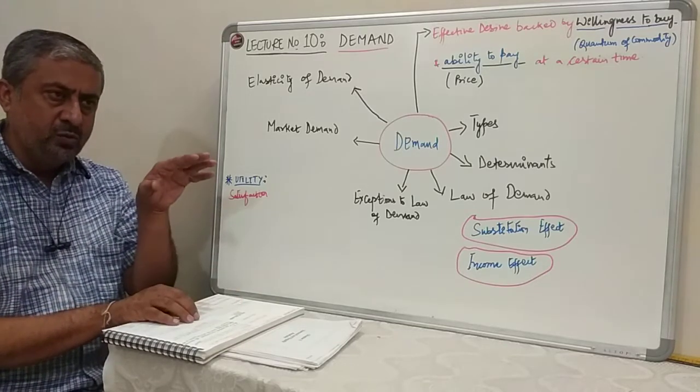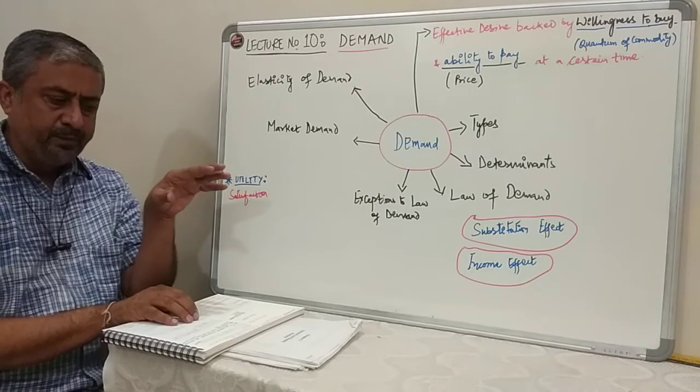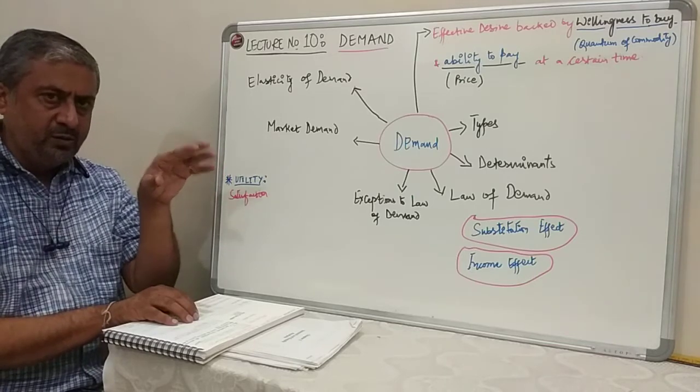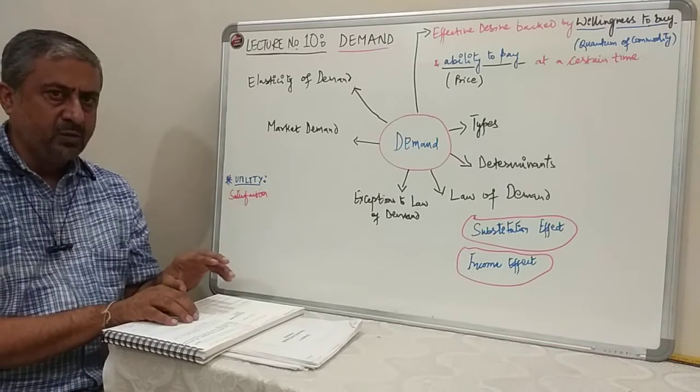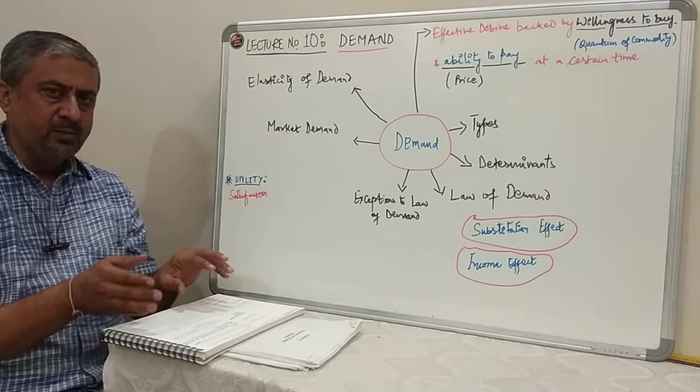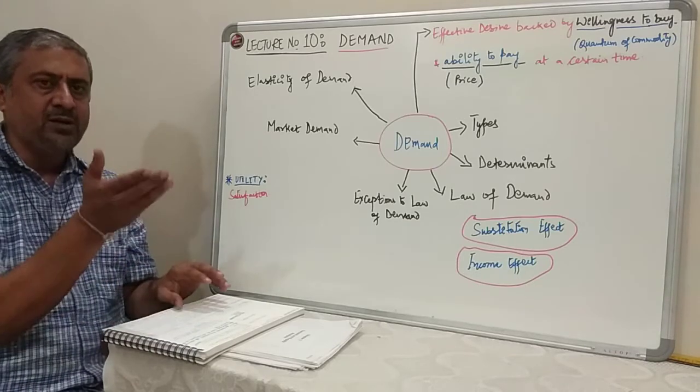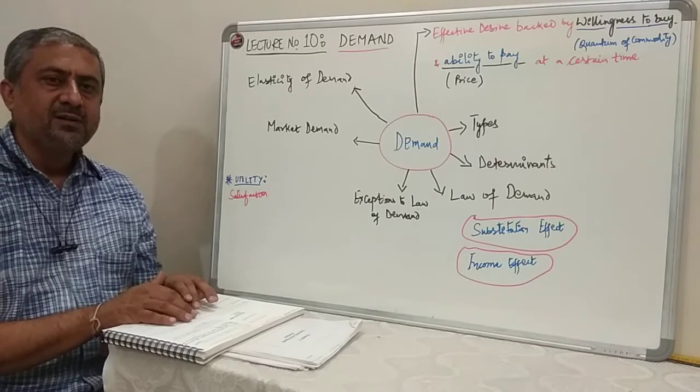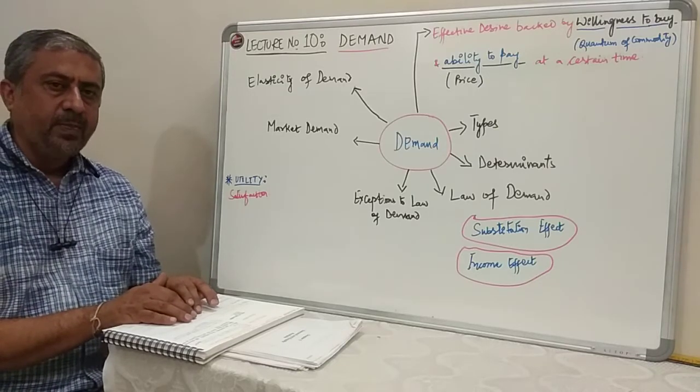But when you see that the price of Surf Excel comes down, then Gadi detergent appears to be pricier, costlier, right?